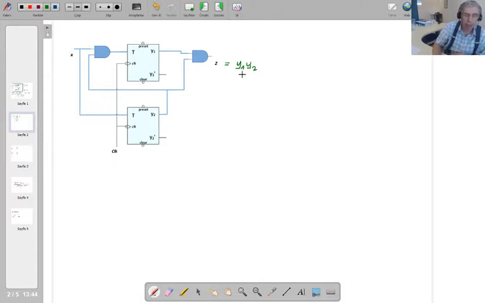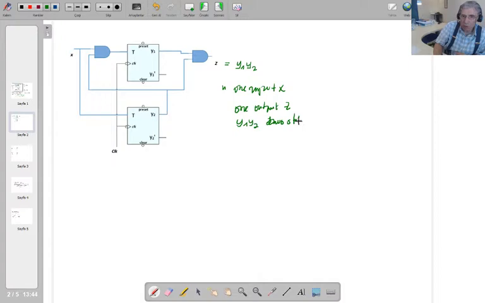Now, our circuit has one input, and this input is X, and one output, and this output is Z. Since I've got two memory elements, that means I've got two state variables, y1 and y2.